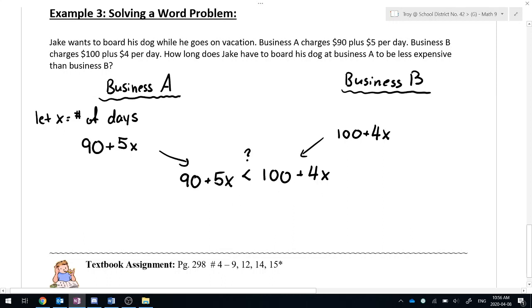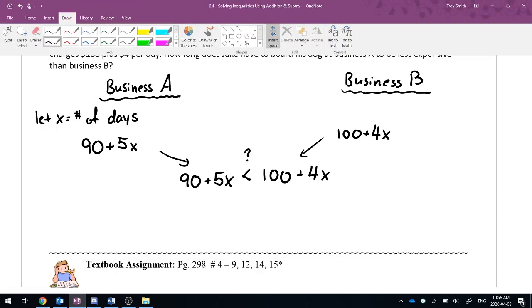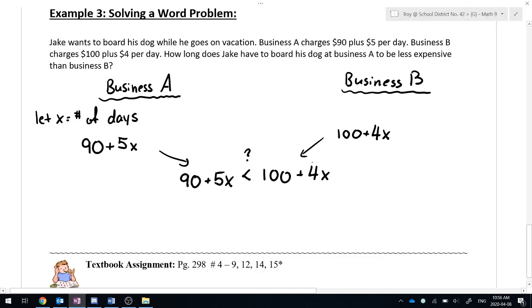Okay, so if you guys remember, what we want to do is we want to get all the variables to one side. We want to get all the constants to the other side. So what I'm going to do here is I'm going to put all the variables on the left. So that means I need to move this 4x. So I'm going to subtract that 4x because it's a positive 4x.